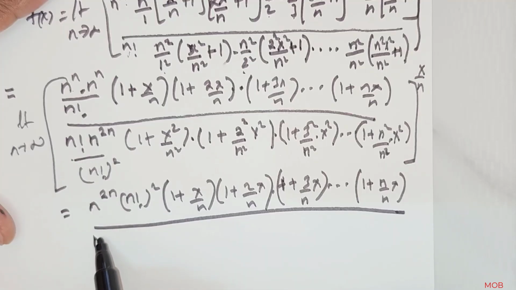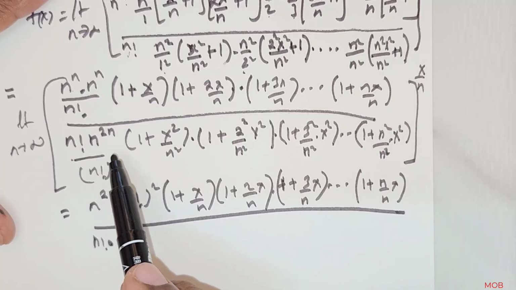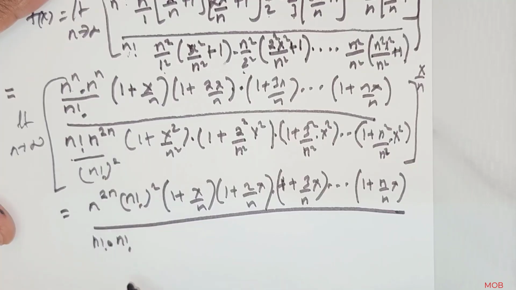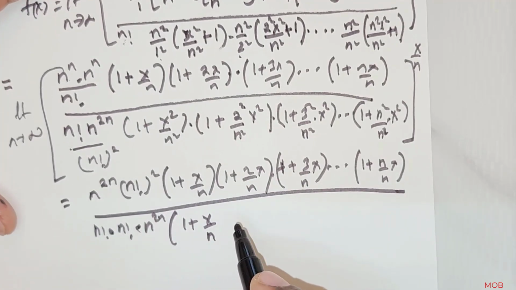So you have n factorial multiplied with n factorial, and we have this 2n there, so you need to multiply that by n raised to the power of 2n times 1 plus x over n.